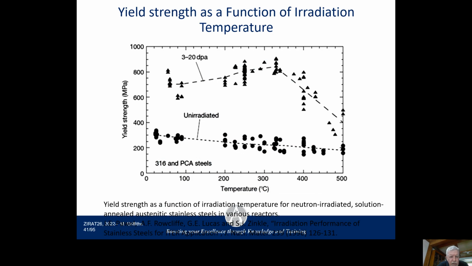Here's a plot showing the hardening, the yield strength, as a function of temperature for a given dose, between 3 and 20 dpa. One thing you notice is that the hardening effect is less effective at low temperatures compared to higher temperatures. It goes through a peak, and then as you get to higher and higher temperatures, the difference between the radiation supersaturation and the normal thermal point defect concentration becomes less and less, and the density of the loops and the hardening effect becomes lower.